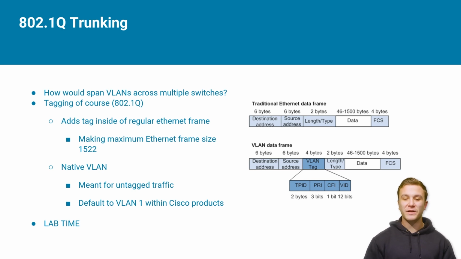If an interface that is supposed to be a trunk is configured with, let's say, a native VLAN of 5, and the host sends a DHCP packet that isn't tagged, then it will default to VLAN 5, and the switch will process that as if it's in VLAN 5, if I'm making any sense. So like I say here, it defaults to VLAN 1 within Cisco products. VLAN 1 in Cisco is default pretty much for everything.